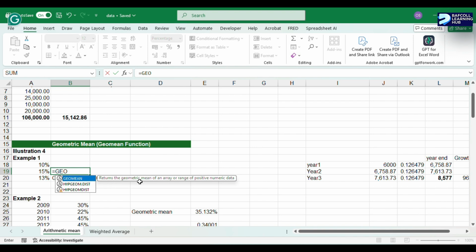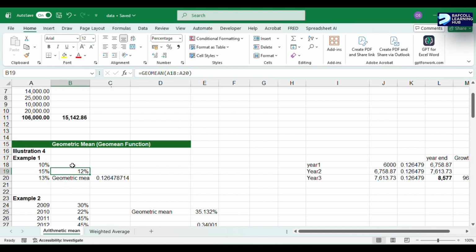GEOMEAN returns the geometric mean of an array or range of positive numeric data. So take note of that, positive numeric data. Then I select the range of the growth percentages, and I just hit enter.